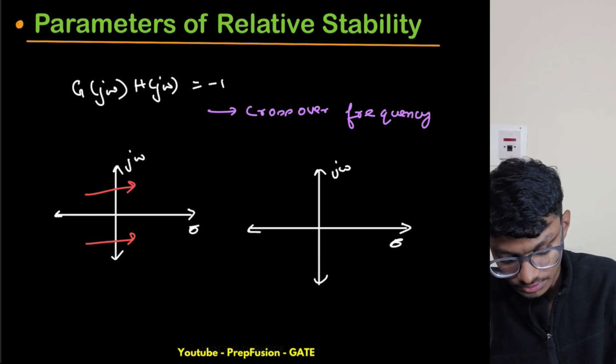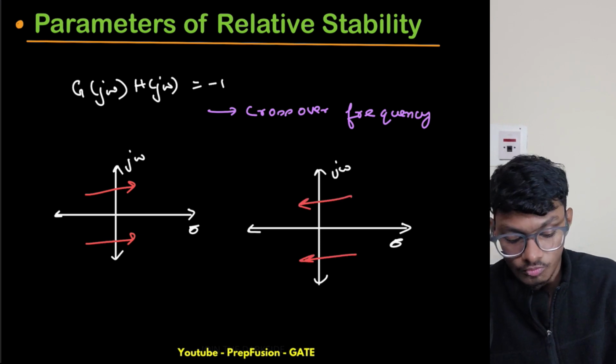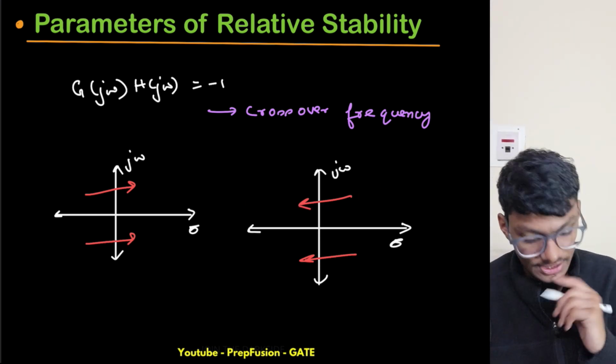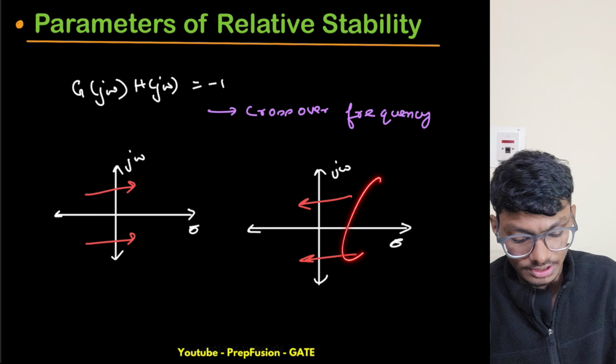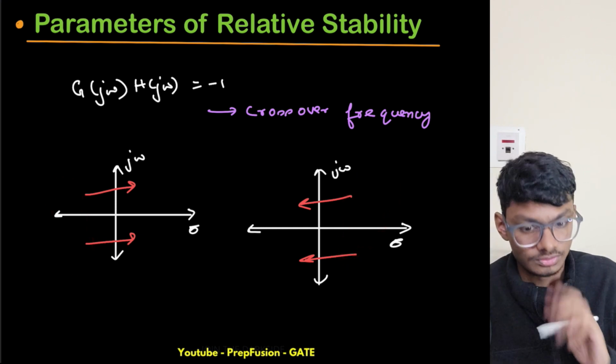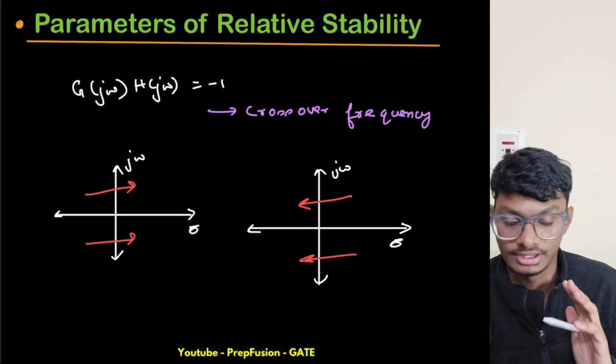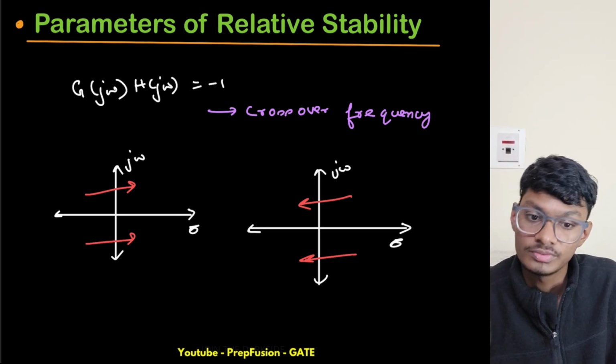Another one is going from the right hand side to the left hand side. In both these cases, for some values my system is unstable. That I can confidently say.